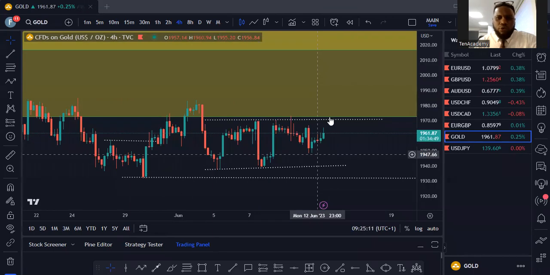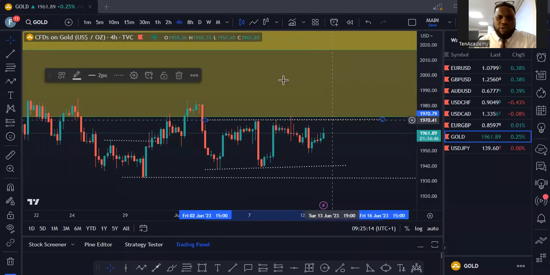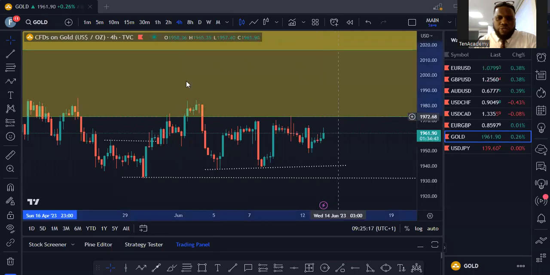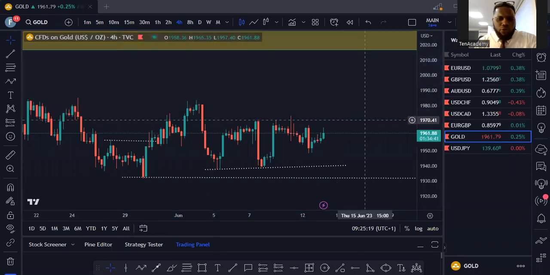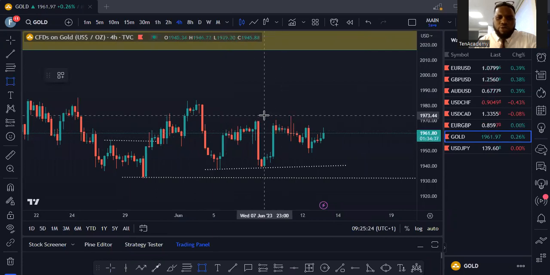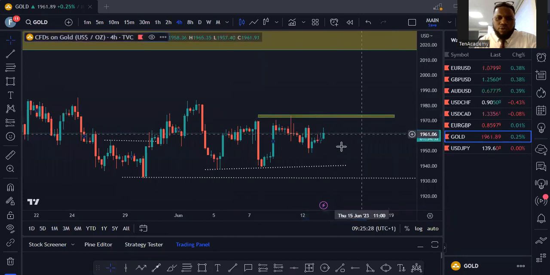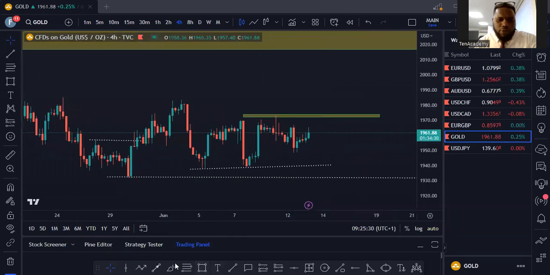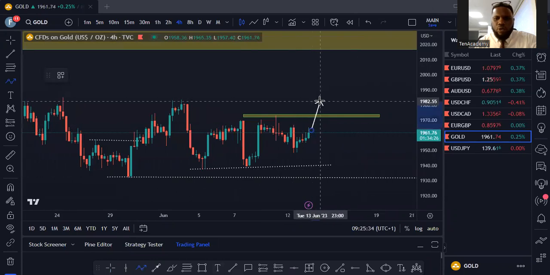So this is what I'm going to wait for, just to be on the safe side, not to give you something risky to enter. If I'm going to buy, I'm going to wait for price to give me a higher high, like so. So something to go above this high. That way we are certain about the direction price wants to move.